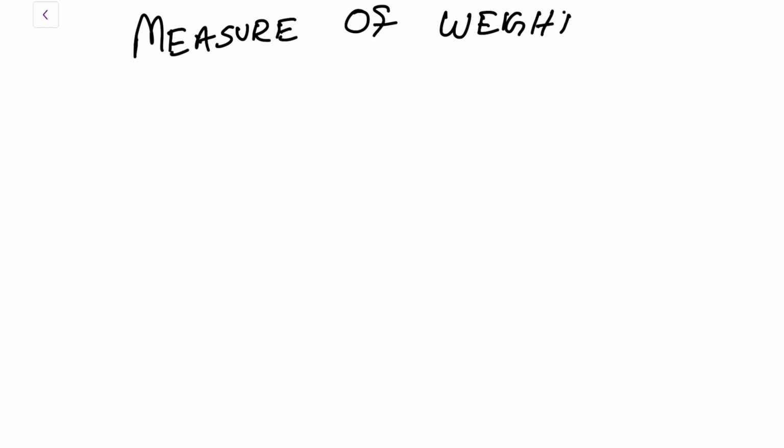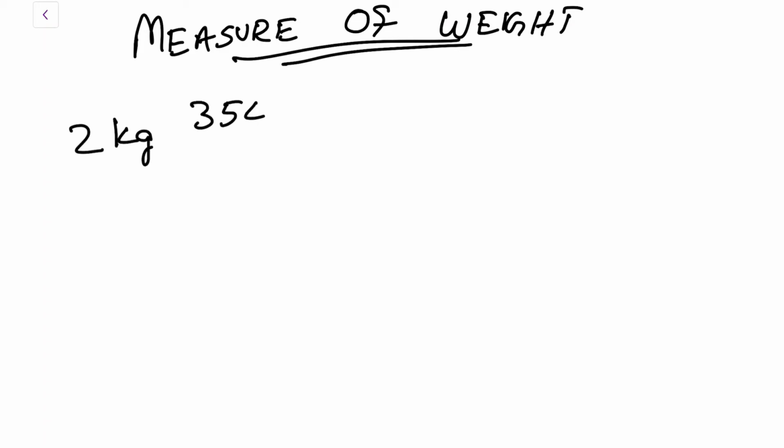Measure of weight. First, 2 kgs 354 grams. If something weighs 2 kgs 354 grams, how do we write this in its decimal form? We can see that it is 2 kgs plus 354 grams, correct?